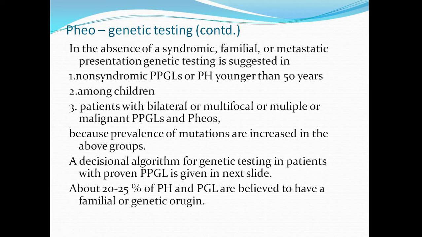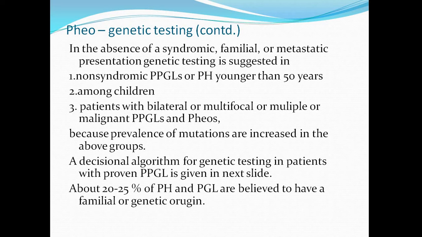So there is a decision algorithm for genetic testing in patients with proven PPGL. I know that it's quite complex, but if you want more information, you could just read the guideline from the Endocrine Society. And finally, 20 to 25% of PHs and PGLs have a familial or genetic origin.